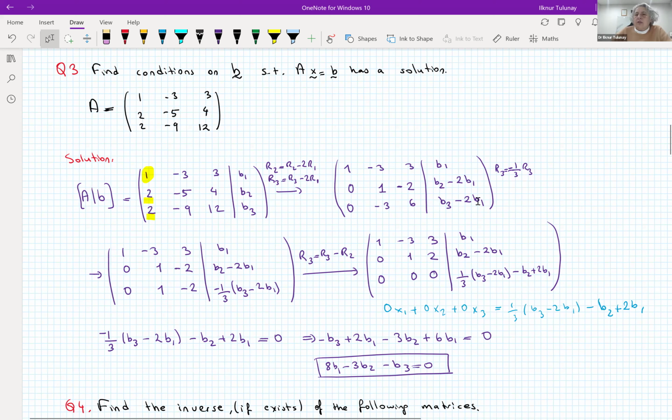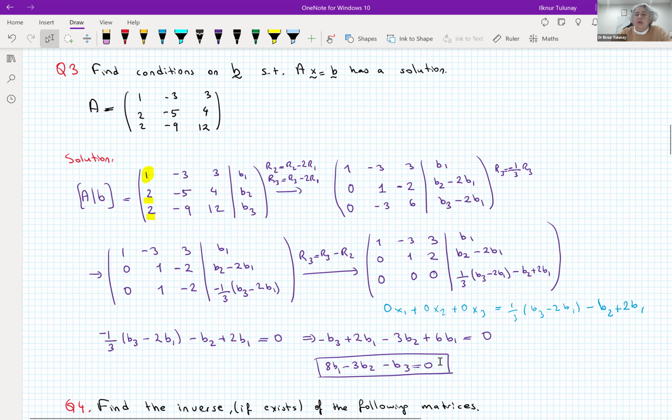If you want to have a solution, this has to be 0. This is what I'm trying to say here. If you tidy up this expression for a while, then you will find 8B1 minus 3B2 minus B3 is equal to 0. The system has a solution for this coefficient matrix such that 8B1 minus 3B2 minus B3 has to be 0.